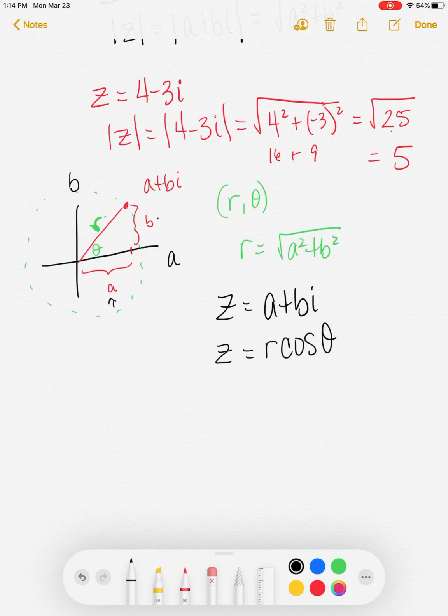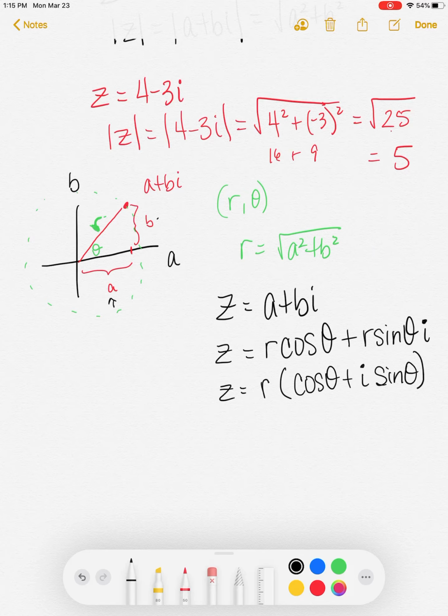And b is going to be the equivalent of y, so b is going to be r sine of theta. But because it's a complex number, we know that it's imaginary, so we're going to give the b that imaginary i. So from here, we're going to factor out that r, which will be r times the cosine of theta, plus, I'm going to put the i in front, i sine of theta. And this is the polar form of a complex number.